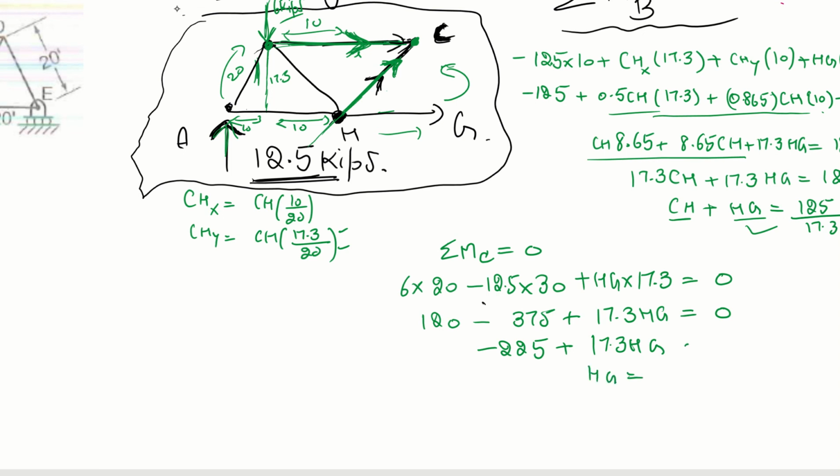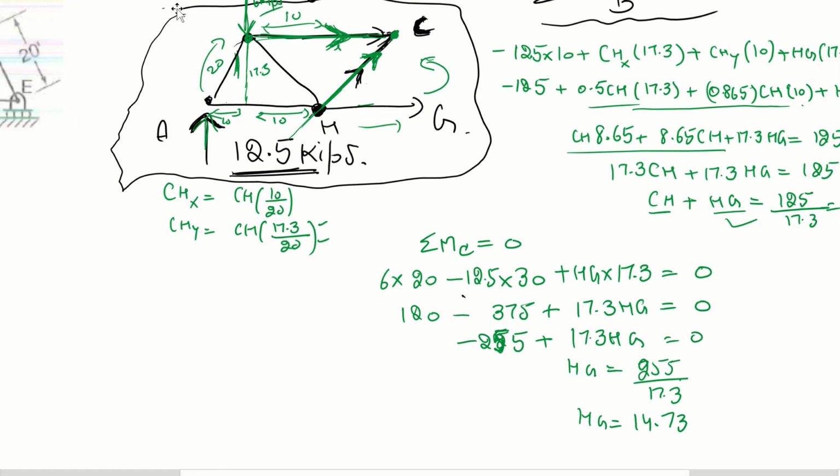HG value will come out to be 255 divided by 17.3, which comes out to be 14.73. So did I consider all the negatives and positives? Yeah, that's fine.